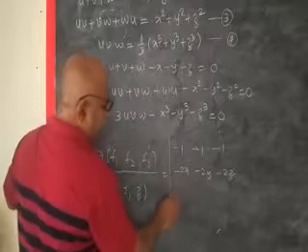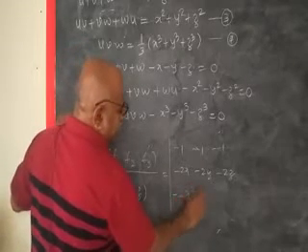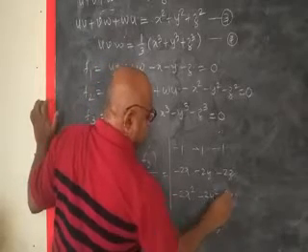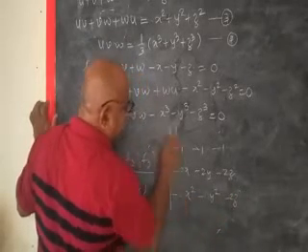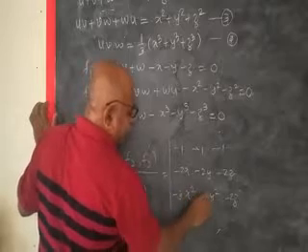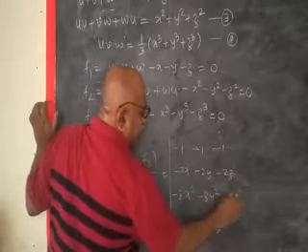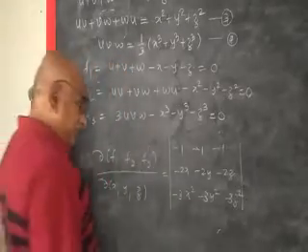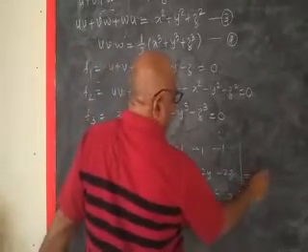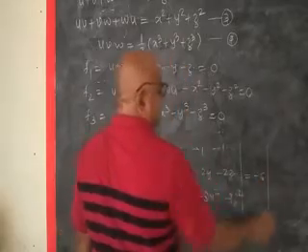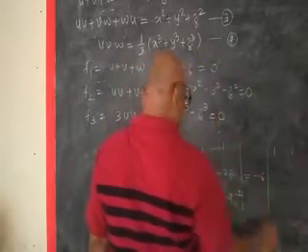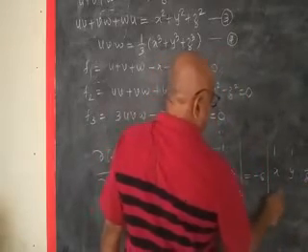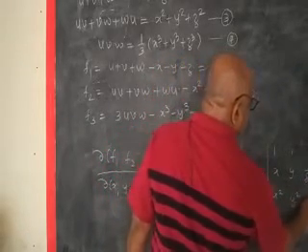And f3: minus 3x squared, minus 3y squared, minus 3z squared. That gives you minus 6 times the determinant with rows 1 1 1, x y z, x squared y squared z squared.